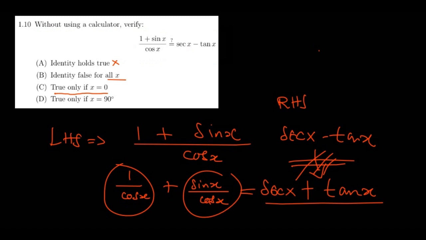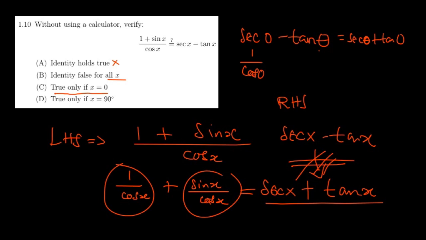So if x is equal to 0, then I have sec 0 minus tan 0 is equal to sec 0 plus tan 0. So what is sec 0? That is 1 over cos 0 minus tan 0.